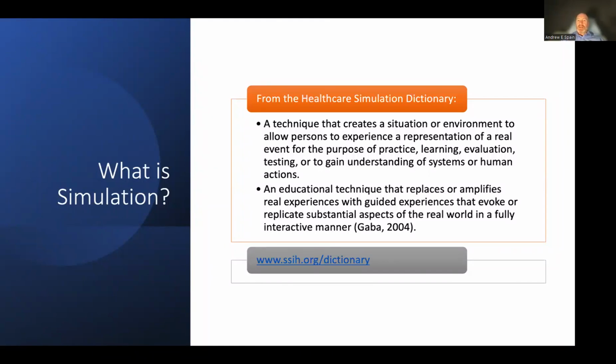It's generally considered to be an educational technique. It may or may not have technology itself involved, but ultimately, it's trying to replicate something that happens out in the real world in some way that brings that live event, that live occurrence, that patient care situation to your learners.